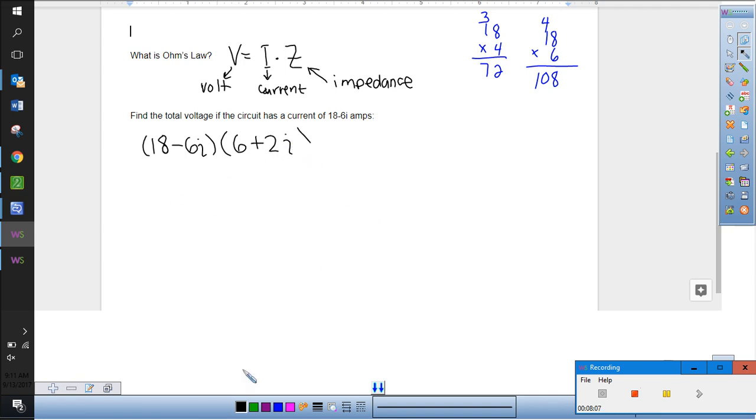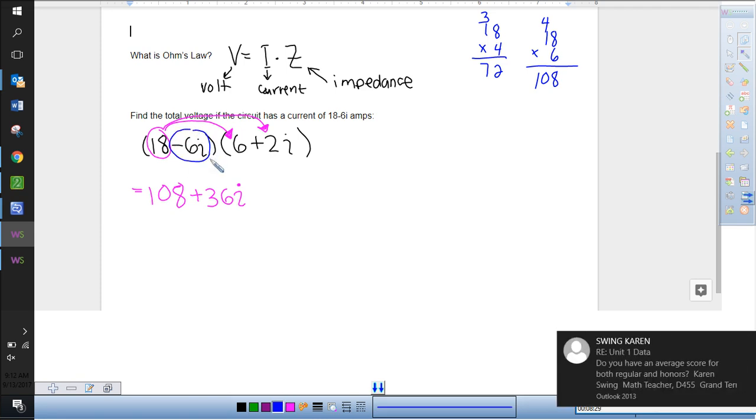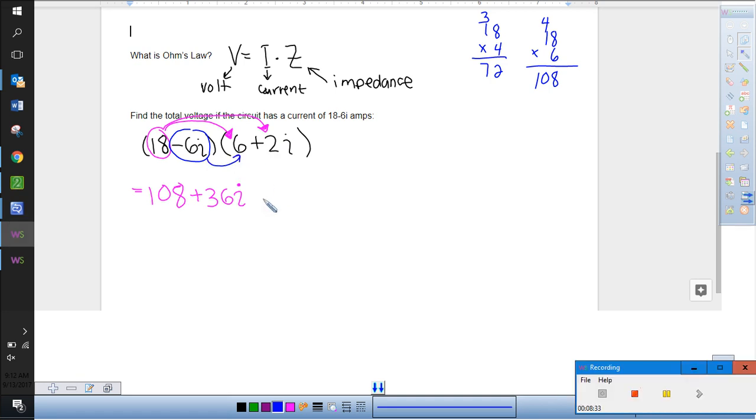Now I have a binomial times a binomial, so I'm going to use the distributive property. I take 18 and distribute it: 18 times 6 is 108, and 18 times 2i is positive 36i. Then I take the second term and distribute it twice: negative 36i and negative 12i squared.